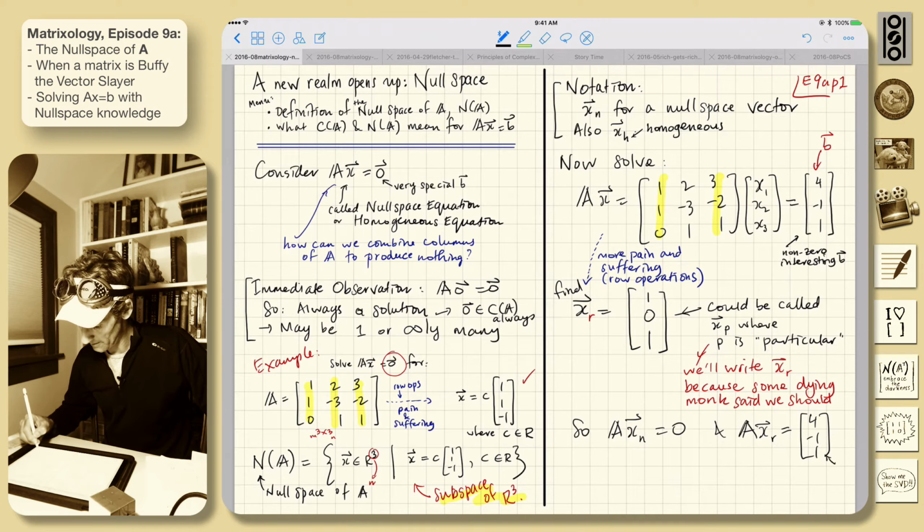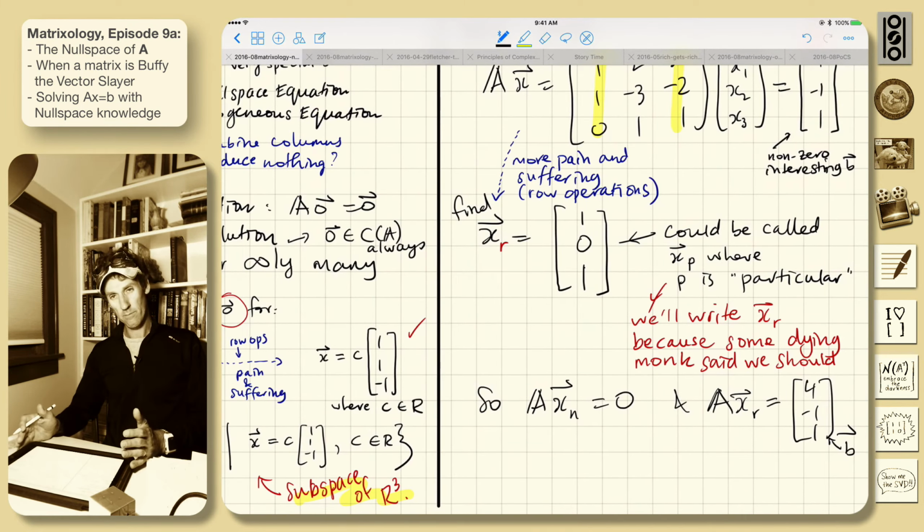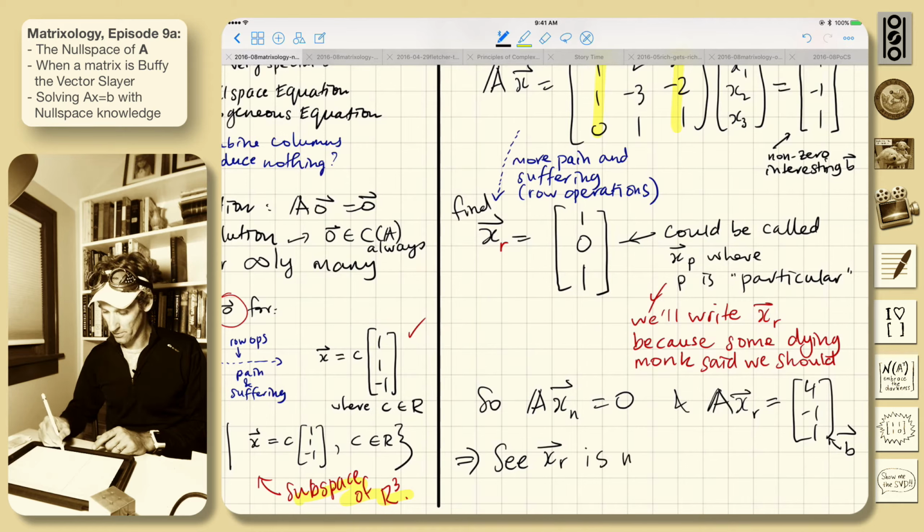This is our B, right? Our interesting B. So the issue is this isn't the only solution. So we see XR, and this is the right thing, is not a unique solution.